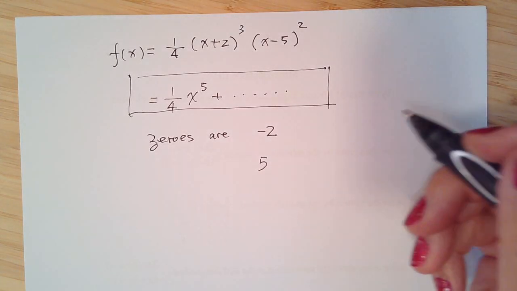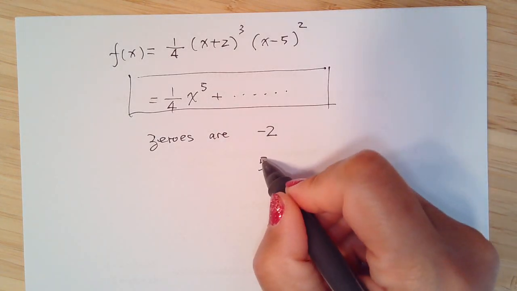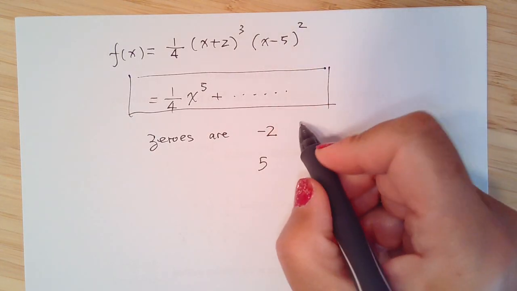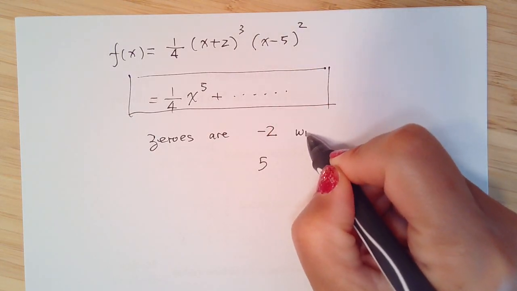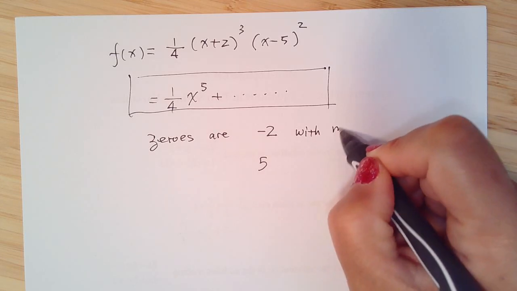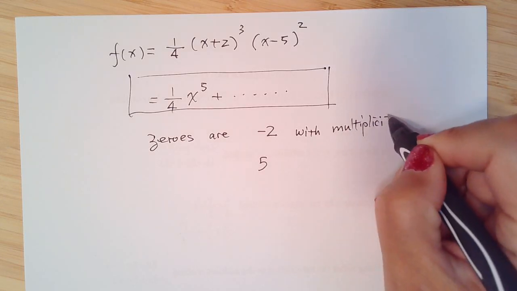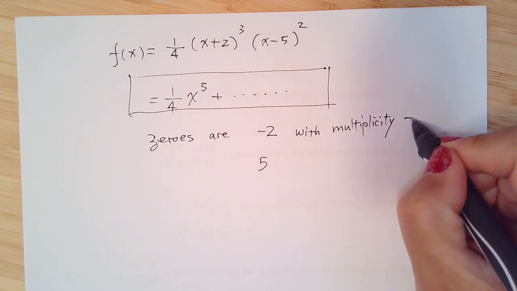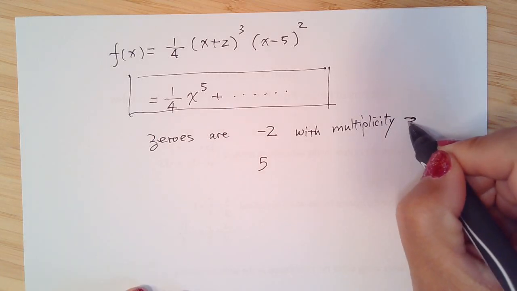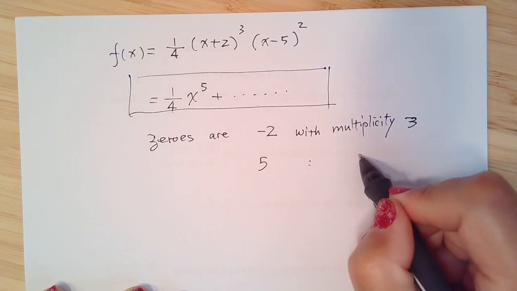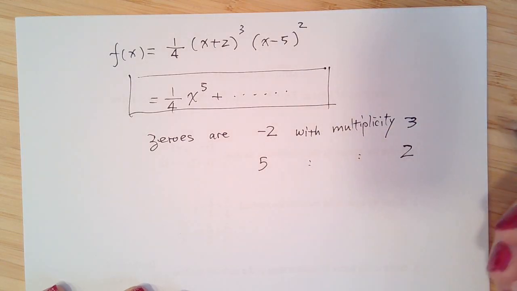We have two zeros. However, did you see this square, this cube? So this is -2 with multiplicity 3, and 5 with multiplicity 2.